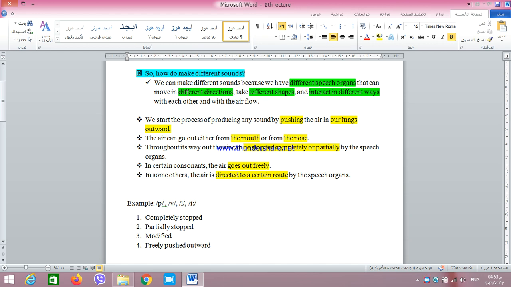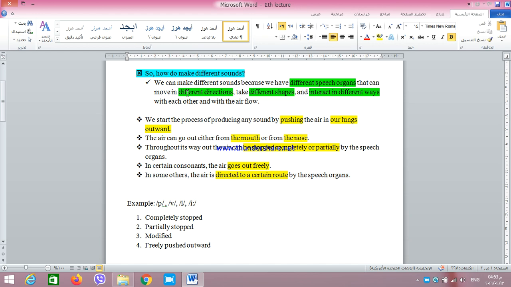Let's start from the beginning. How do we produce sounds? From the beginning, we can say that we can produce sounds when the air is pushed out of the lungs. We have air in our lungs, عندنا هواء بالرئتين, we push it outside, okay?